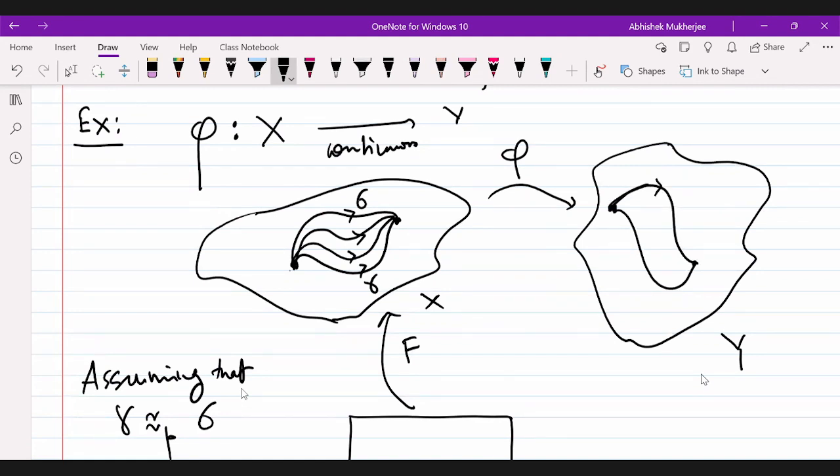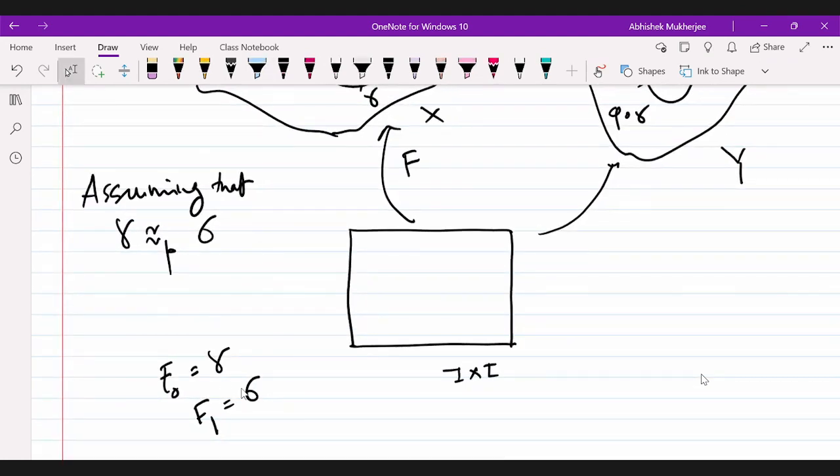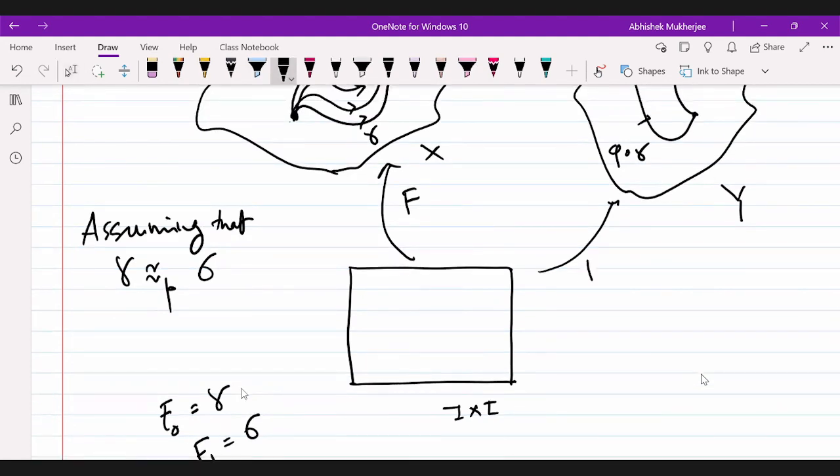So first one is phi compose gamma, and this one is phi compose sigma. Then you need to prove that there must be some function from I cross I to Y, suppose it is H, and this H must be phi compose F, right?